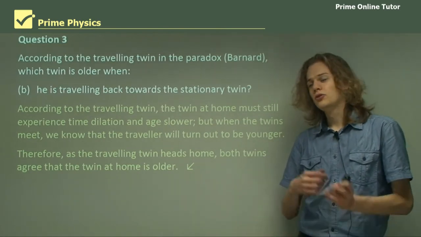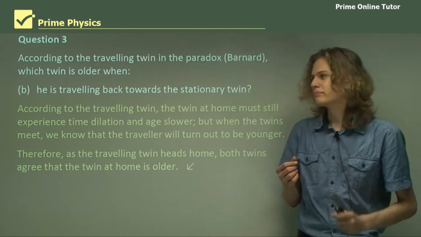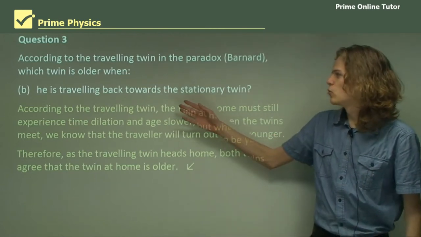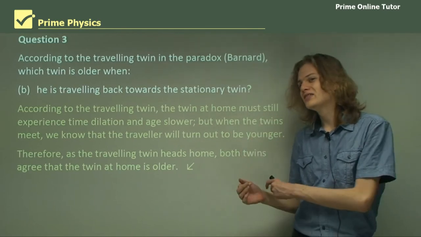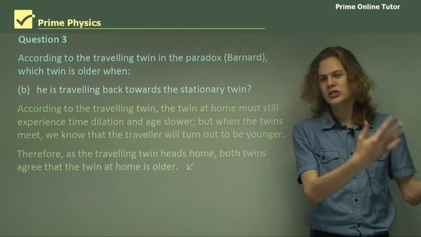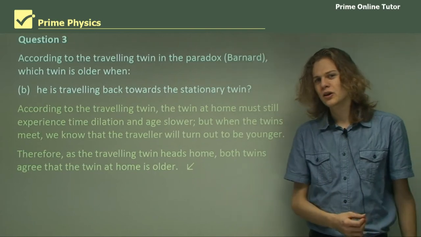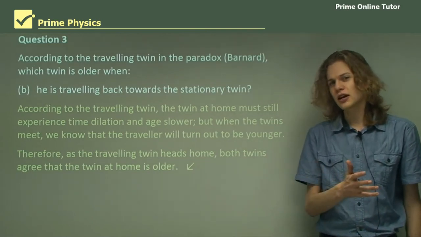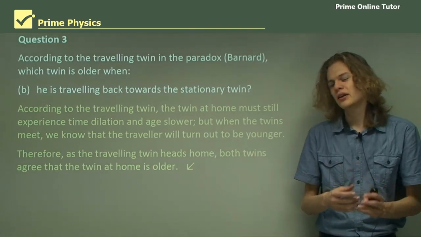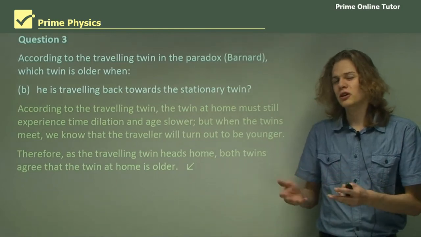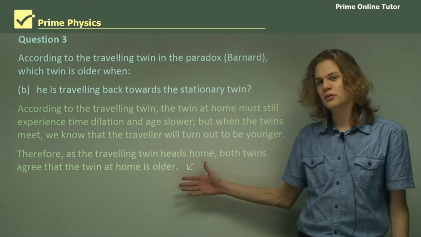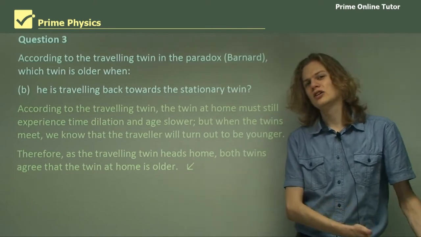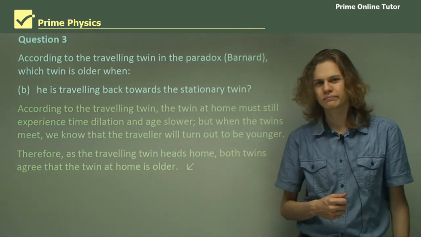I mean, if you really want to take this to the extreme, you can interpret it as when he is only a meter away from reaching his destination. We know that in a tiny fraction of a second, as he crosses that last meter, he's going to be much younger than Gaia when they meet up. And so that will remain the same when he's just before that arrival point.